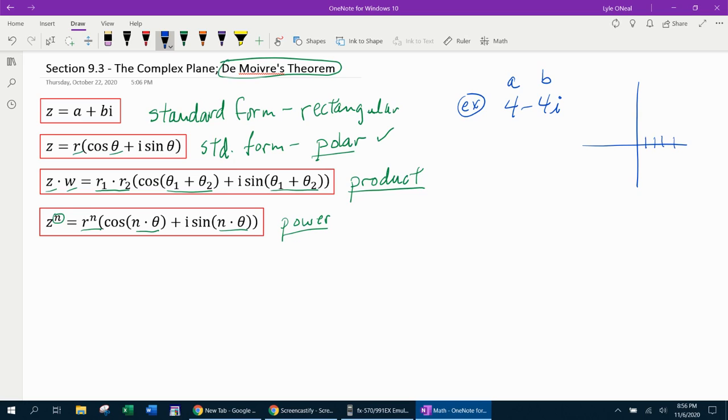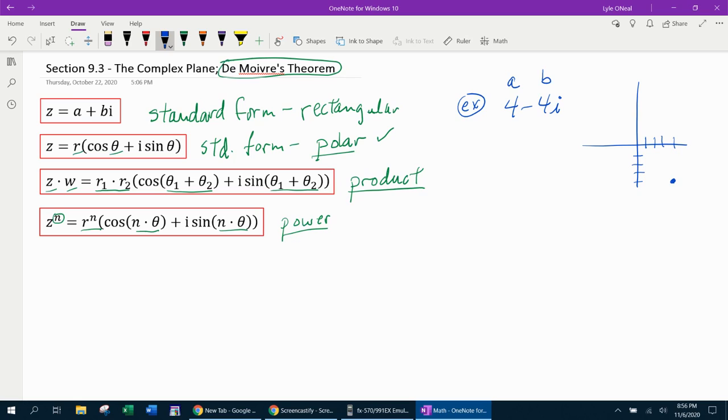That's 4 to the right. And the b would correspond to the y. And if you notice, the y is the i. They rhyme. That's how you can keep them straight. Whichever number is the coefficient of i, that's your y. And that's going to be negative 4. And there's your point plotted.